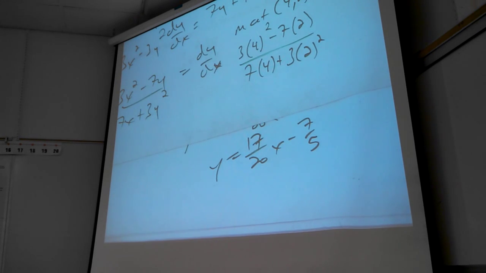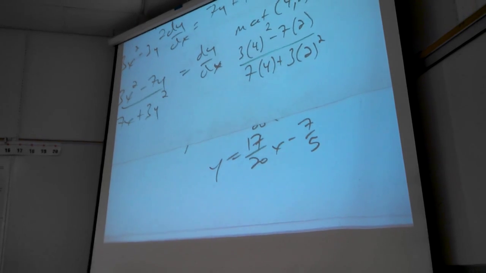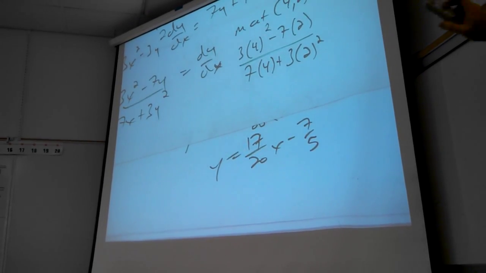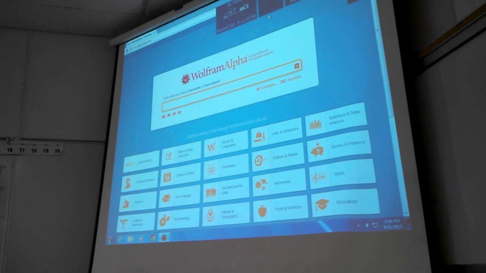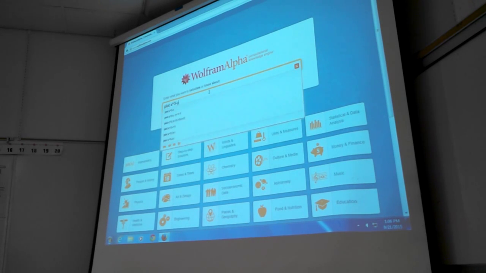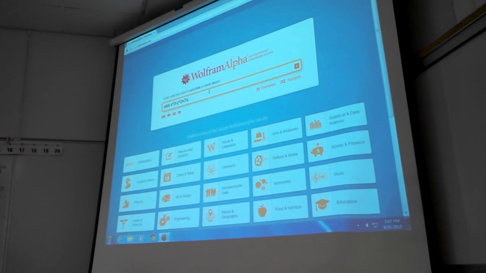All right, so let me show you what this thing is able to do. It's kind of nice. Let's see which one it is. Cool. I don't think I need to sign in for this. So if I plot x cubed minus y cubed equals 7xy.